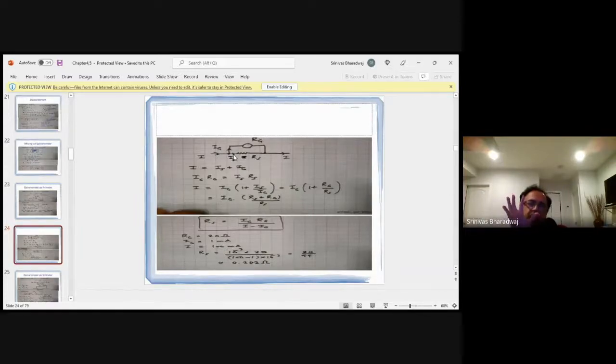So the maximum current through IG, let's say it is 1 ampere. Or you have 1 ampere coming here, and the maximum that this can bear is only 0.1, right? Then how much will go this way? 0.9.